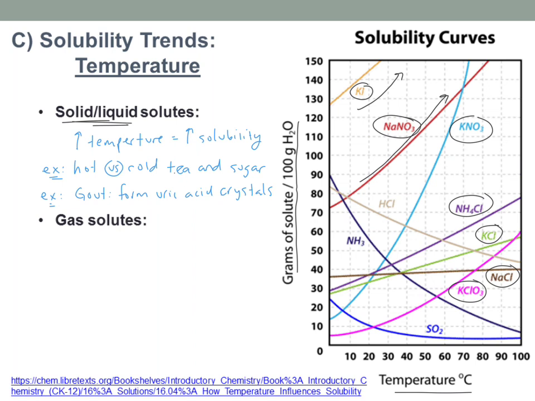The problem is that when the uric acid crystals form, they're really, really painful, and so they often form in joints and places like that and cause people a lot of discomfort, a lot of pain. They can damage organs. It's a nasty disease. But it's a nasty disease because it's a solubility disease.